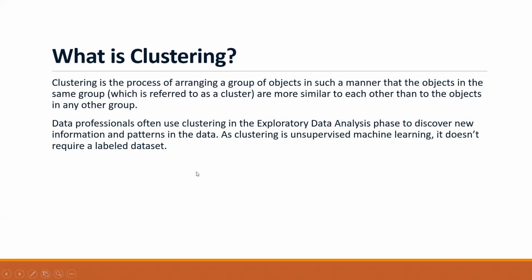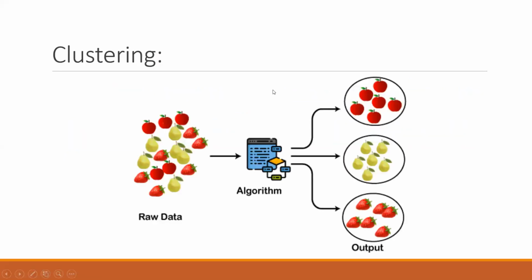Next, there is a diagram which will help you to understand what clustering is. We have some raw data in the form of fruits: apple, strawberry, and pear. You can see after the clustering algorithm is applied, the fruits are assigned to different groups. These groups are on the basis of similarity. All the apples are in one cluster, next we have the pears, and then we have the strawberries.